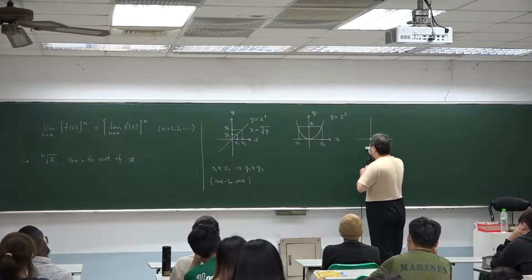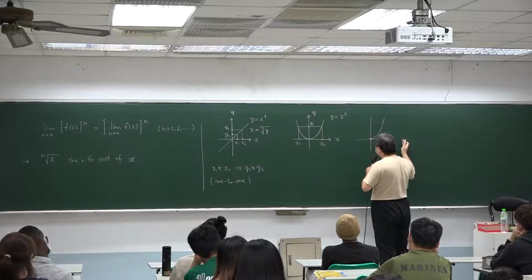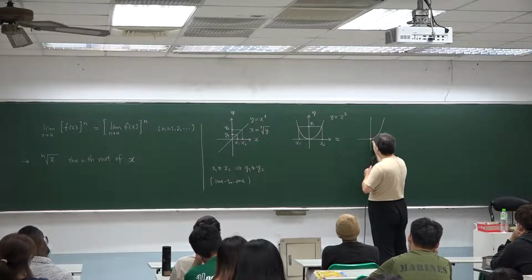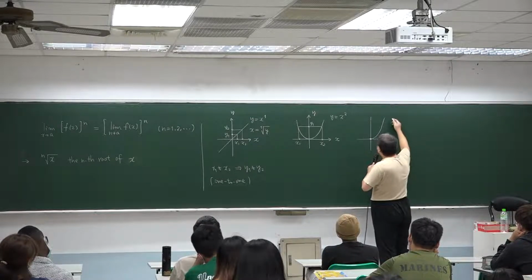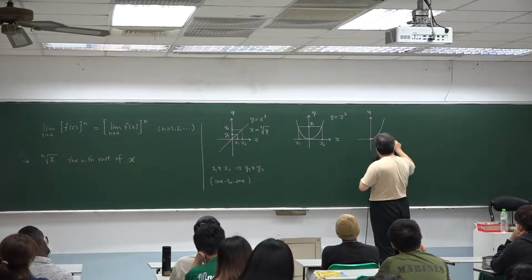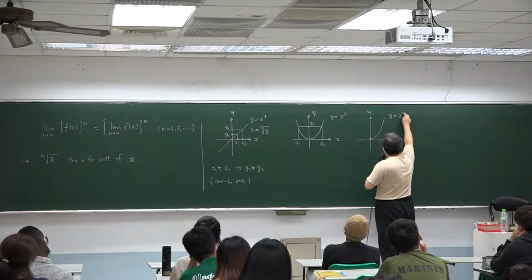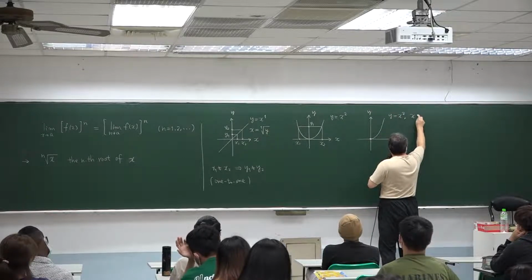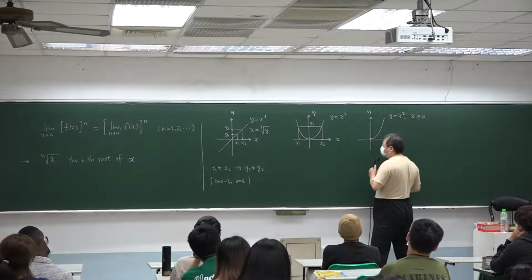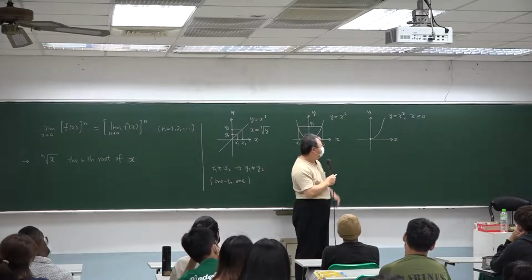Consider another function. Of course, the restriction may be here: x is not negative. Maybe negative, maybe some positive, some negative, as you wish, but usually we consider y equals x squared with x greater than or equal to 0.